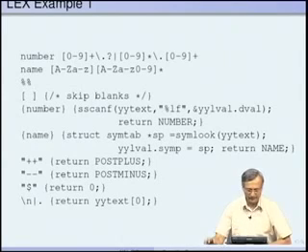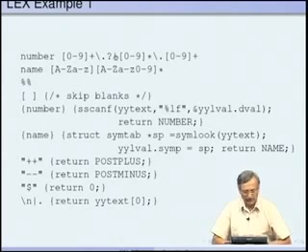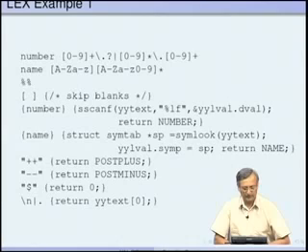Then there is a bar, which says either this or that. So number could also be 0 to 9 star followed by dot and then followed by 0 to 9 plus. In other words, any number of digits followed by a dot followed by any number of digits again. Only thing is it makes it compulsory to have a digit after the dot if the dot is present.